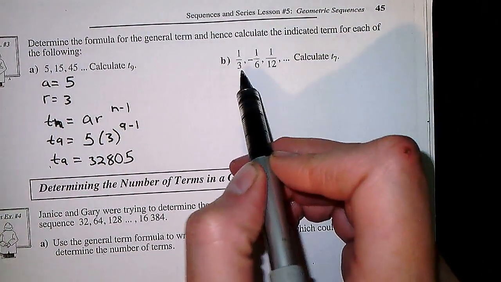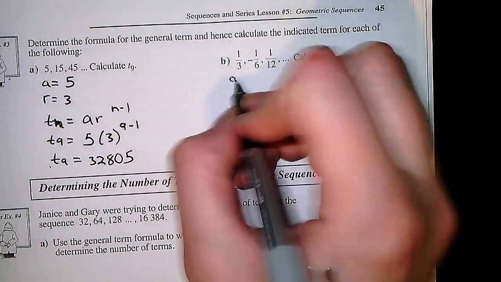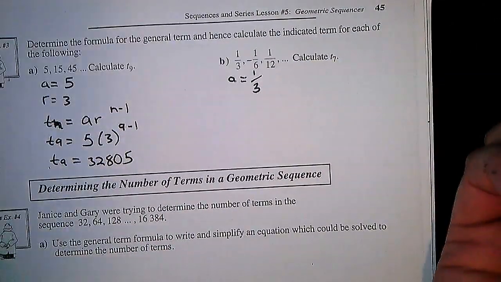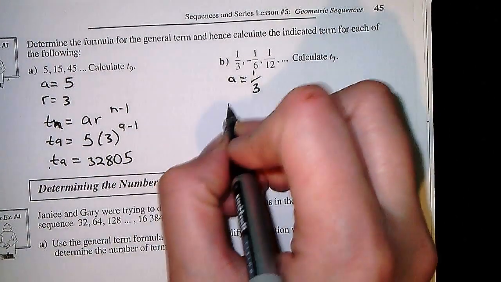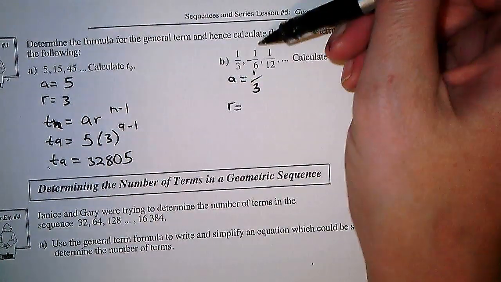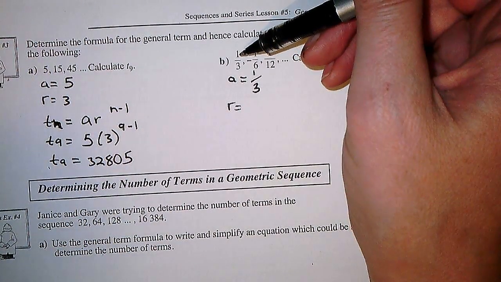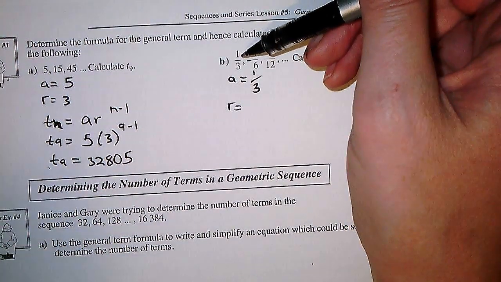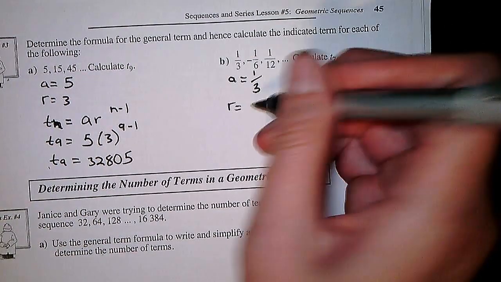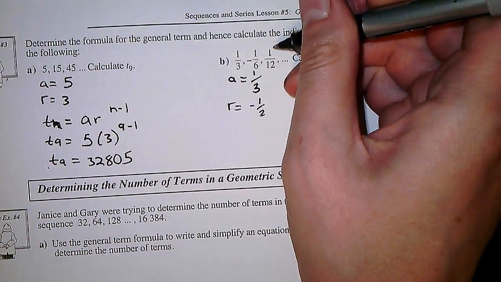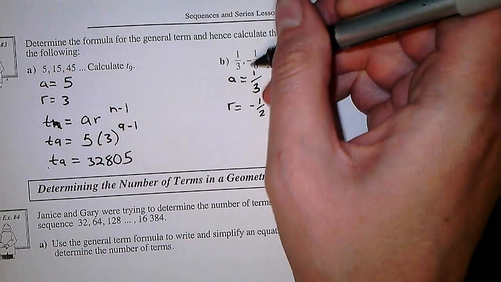In this one, again, the first term is just copy down the very first term we see. Then we need to figure out the common ratio. I'm going to divide 1/6 by 1/3, and I get negative 1/2. And I can test to make sure I'm correct and divide 1/12 by negative 1/6.